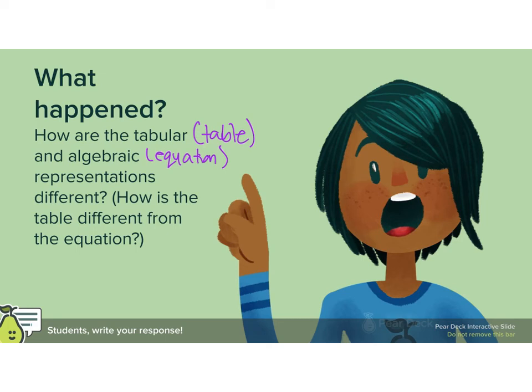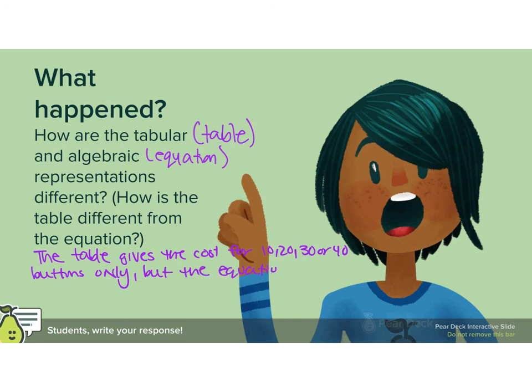So the table gives the cost for 10, 20, 30, or 40 buttons only, comma, but the equation can give you the cost of any amount of buttons.